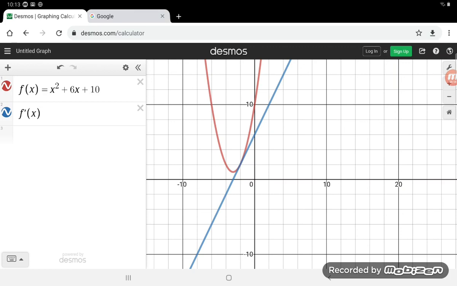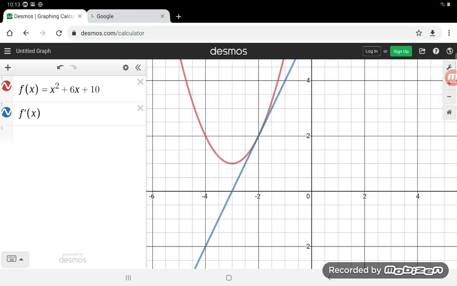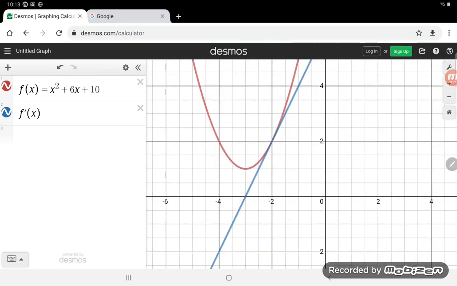Anyway, if I come in far enough, we can see the derivative is 0 right there at -3, 1, so -3.